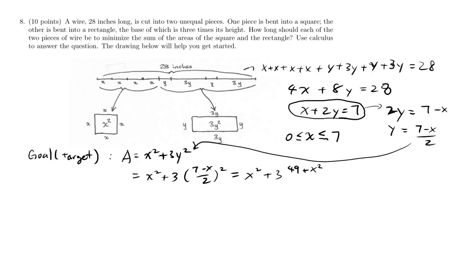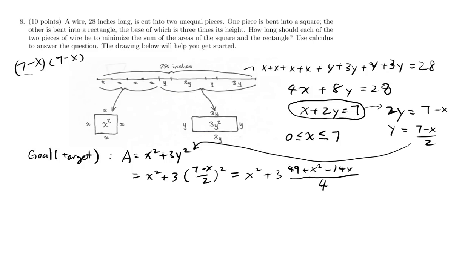If you FOIL this, you end up with twice 7 times negative x, which is negative 14x. If you're not sure why you have this negative 14x, take your time to do this multiplication, 7 minus x times 7 minus x. You're going to see when you FOIL this, you do get negative 14x. A lot of mistakes are due to forgetting this negative 14x. And then 2 squared is 4.